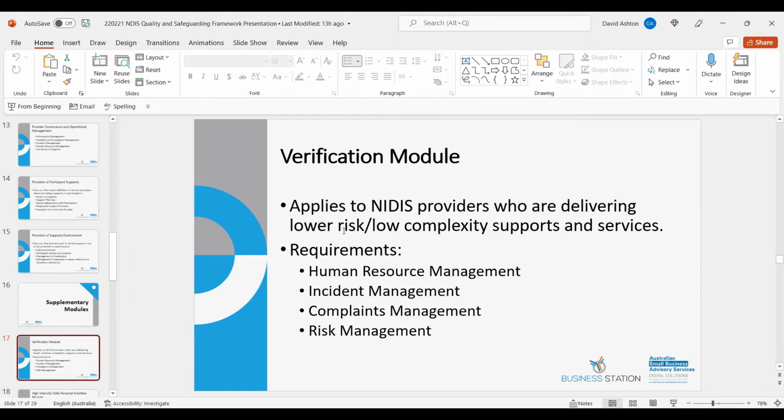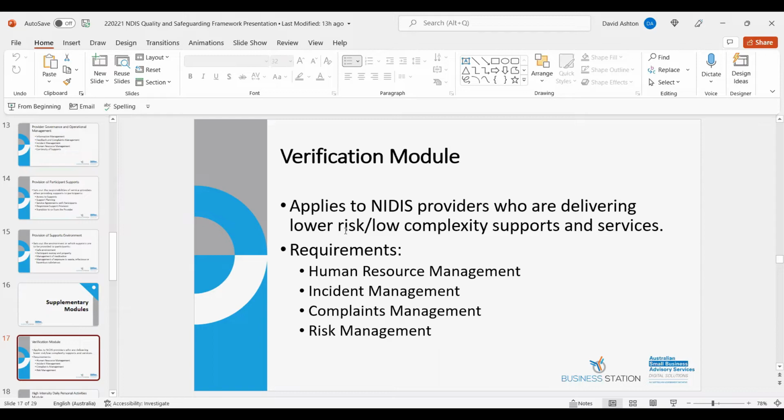So this is a bit like, I guess, a smaller organisation that is only providing particular services. You're not one of the big disability service providers that may provide everything. You may only be providing targeted services to particular individuals, but you still need to have a framework around that, and the verification module is the one that would be most applicable.